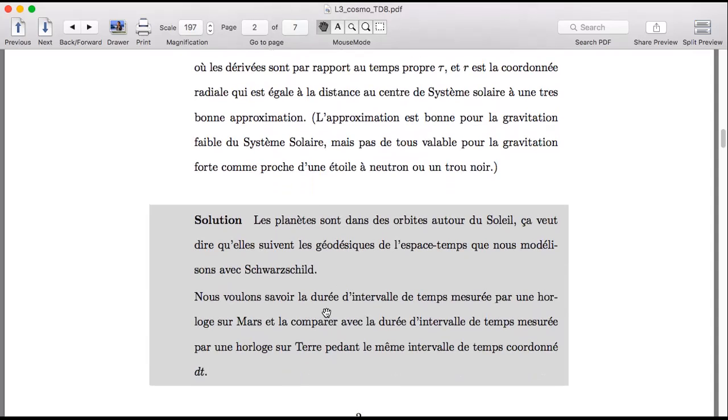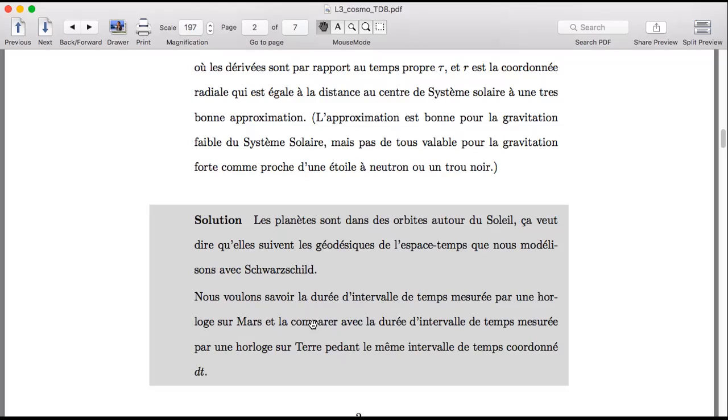Now we want to know time intervals measured by clocks. I suggested we think of it that way so that it's more concrete what we're talking about. We place these cesium clocks on Mars and Earth, and we want to know the time intervals that they measure.